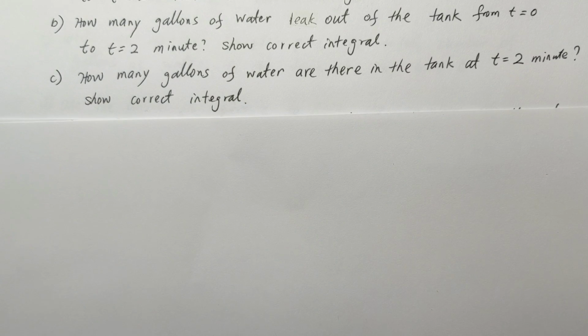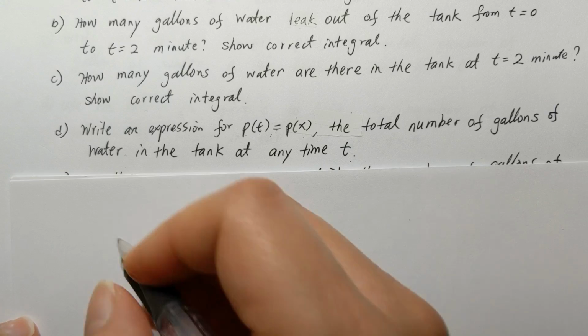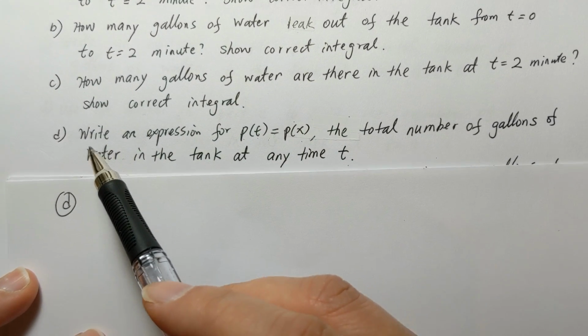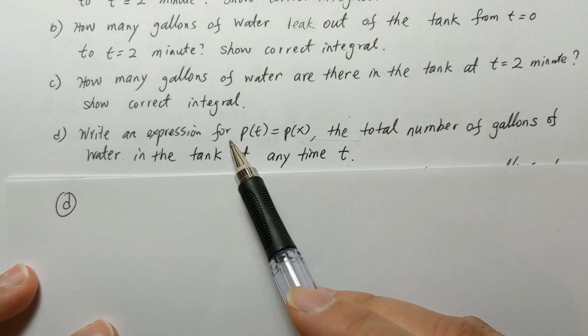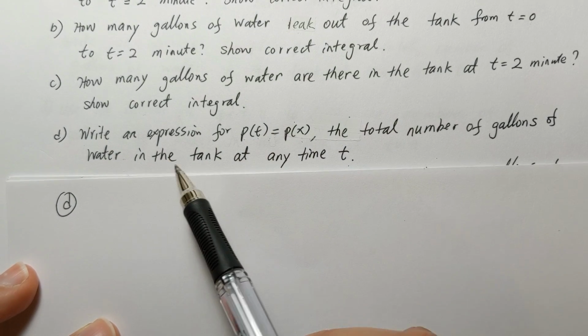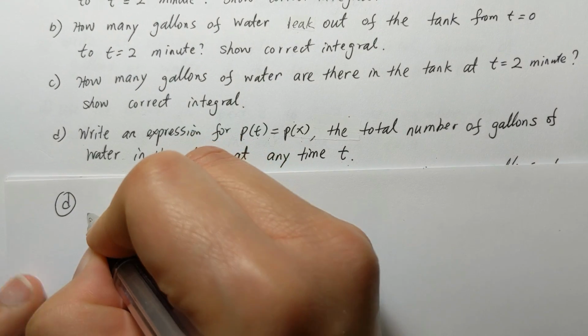Now let's take a look at part D. Part D, we go a little bit more abstract this time. Write an expression for P of t equal P of x, the total number of gallons of water in the tank at any time t. So we refresh our memory.